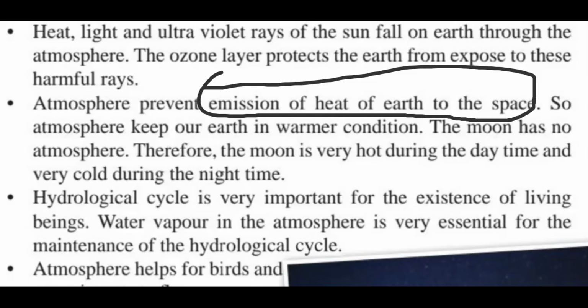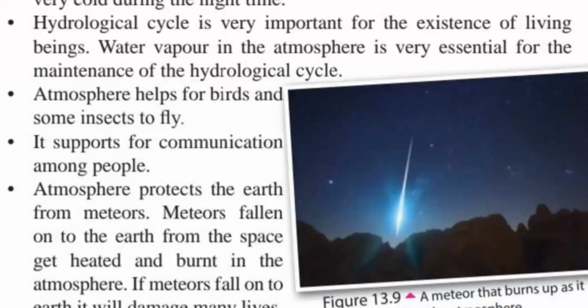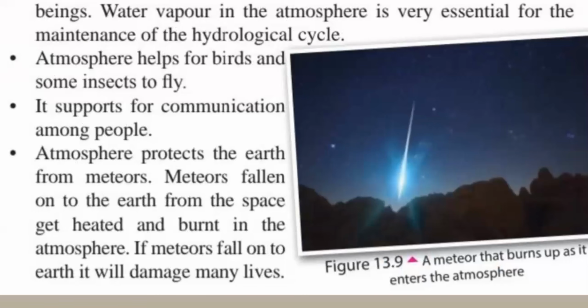Next one, the atmosphere helps birds and some insects to fly. It supports communication among people, and it protects the Earth from meteors. Meteors fall on the Earth from space, get heated and burnt in the atmosphere.